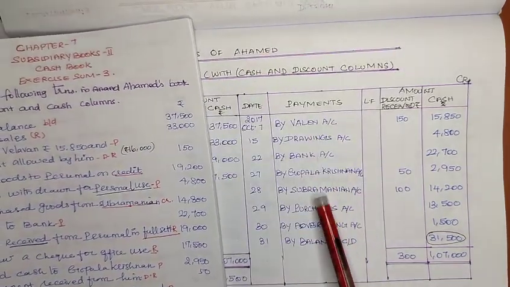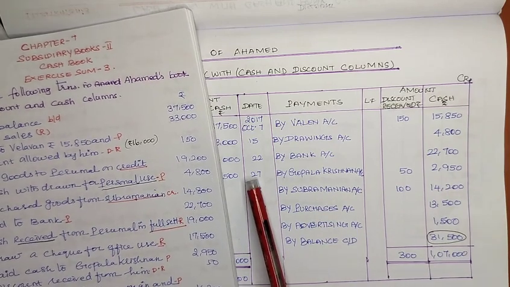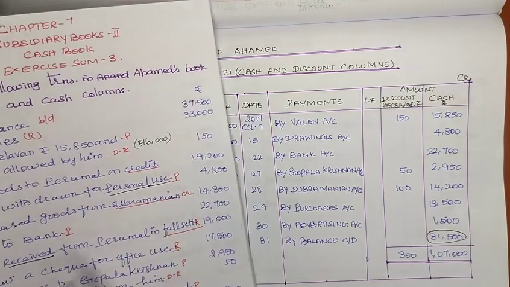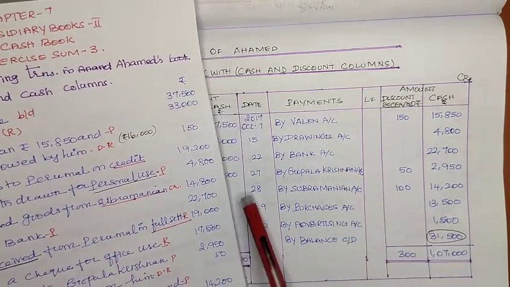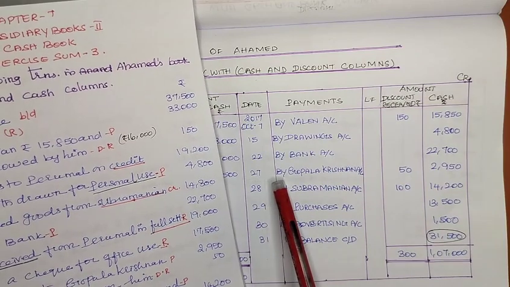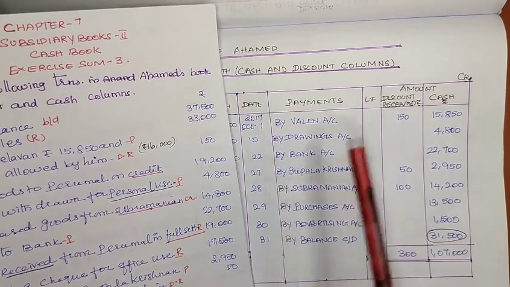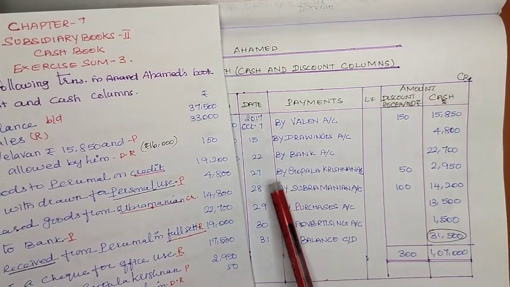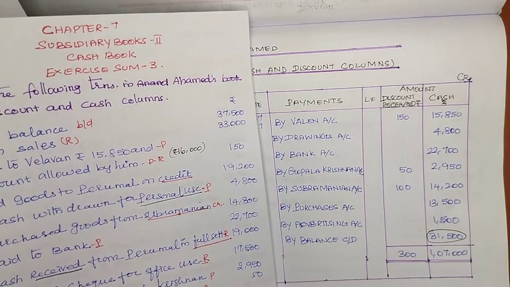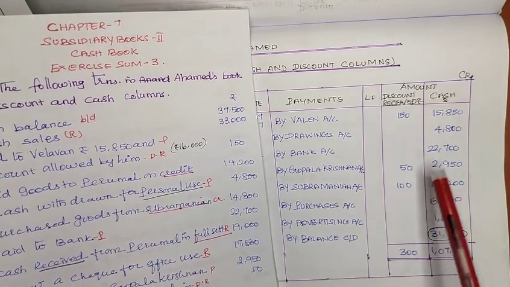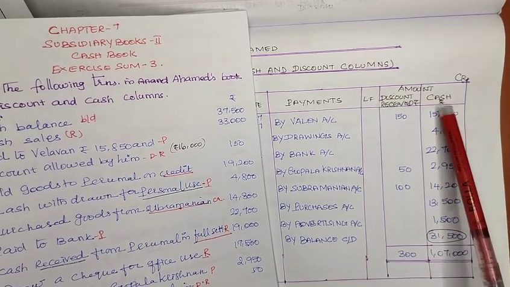So you go to payment side dated on 27, by Gopalakrishnan. Always start with the word by for the credit side. How much rupees did you pay? 2,950 rupees. You have to enter 2,950 rupees in cash column.